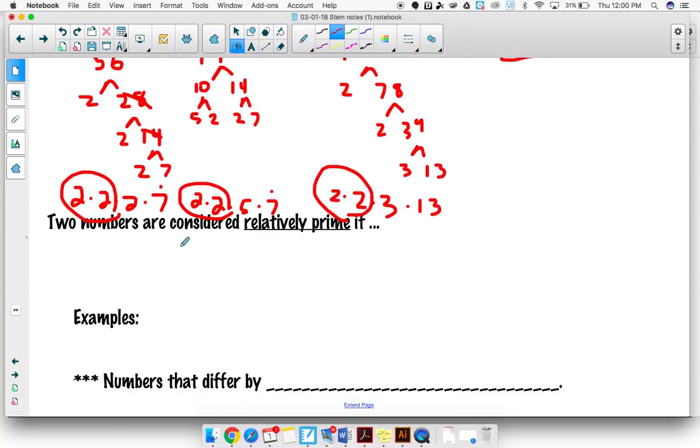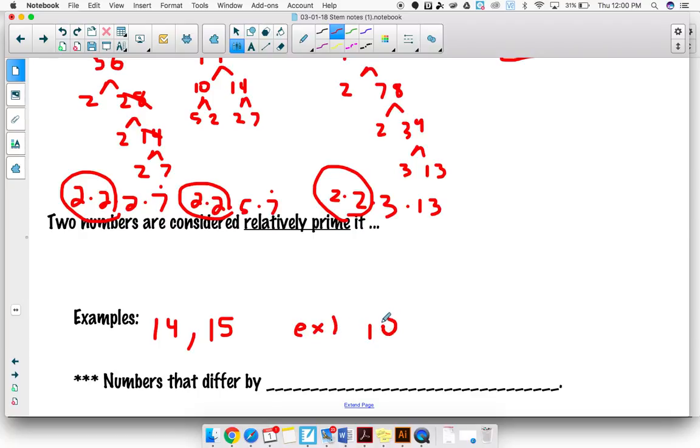All right. Sometimes you're going to get numbers that are considered relatively prime. And when that happens, I'll give you some examples first, like 14 and 15. If you look at the factors that go into those two numbers, they don't have any common factors. So another example might be like 10 and 7.